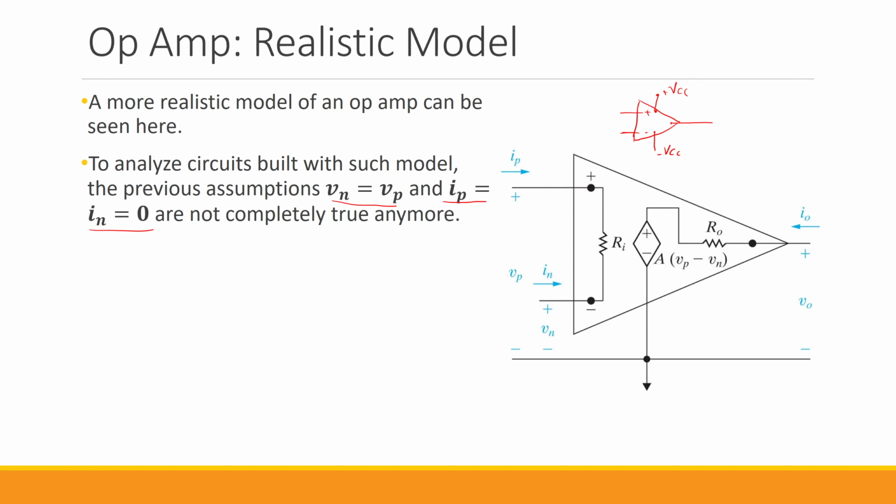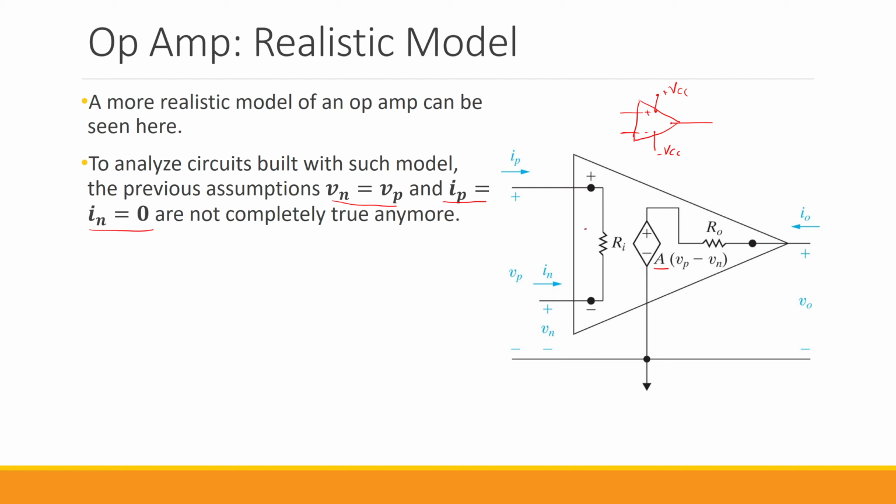So we did some simplification, assuming that for the voltages we usually use, a few millivolt difference is not a big deal. But in reality, since you work with a real component, this gain may not always be tens of thousands. It can be, let's say, 1,000. In that case, a few millivolt difference may turn up to be a few tens of millivolts, which makes this assumption not completely true.